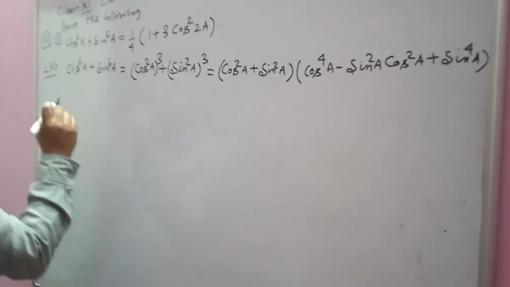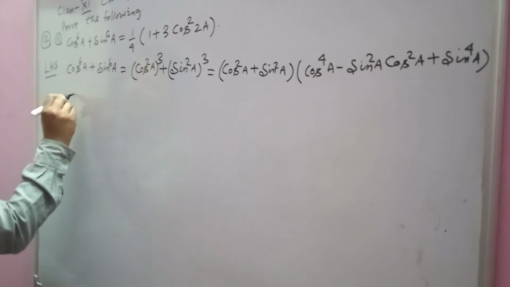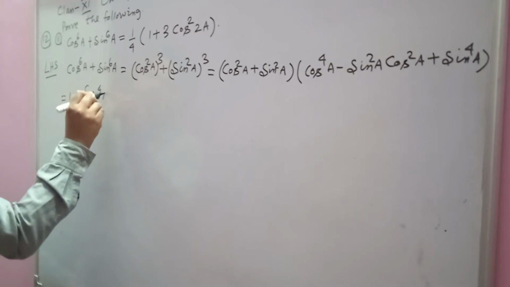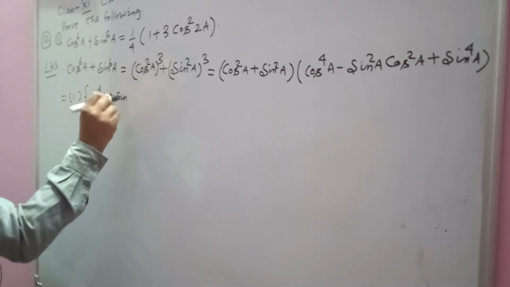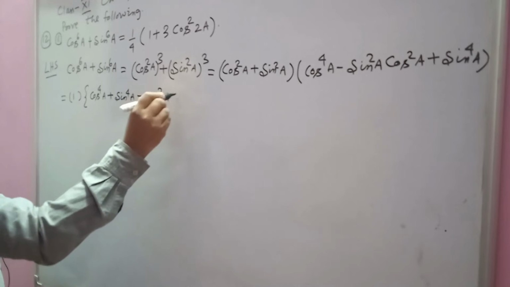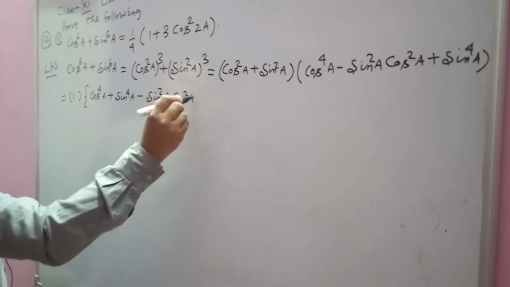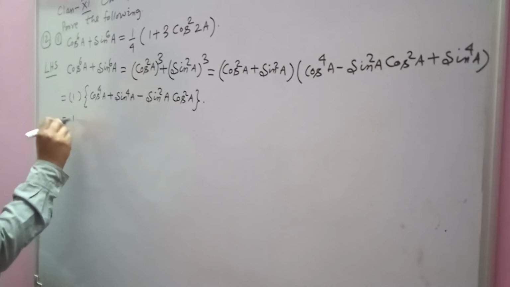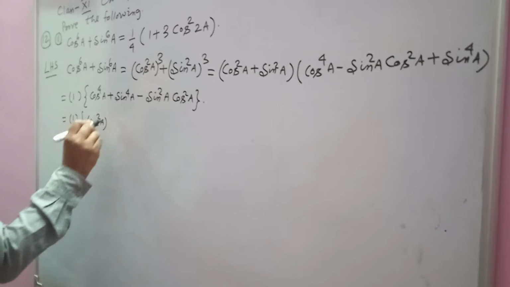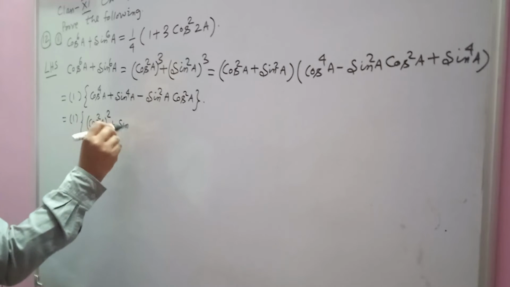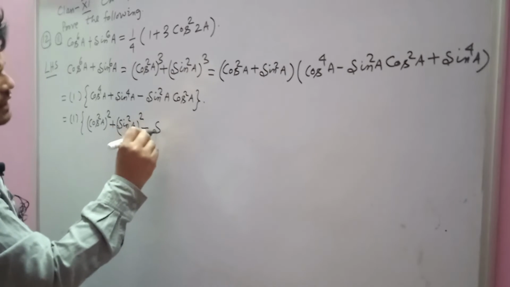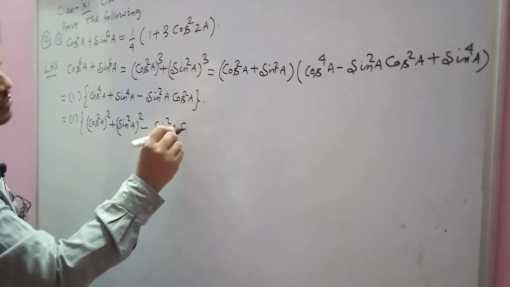So that is cos^2 a plus sin^2 a is 1, again cos^4 a plus sin^4 a minus sin^2 a cos^2 a. 1 into cos^4 a is nothing but (cos^2 a)^2 plus (sin^2 a)^2 minus sin^2 a cos^2 a.